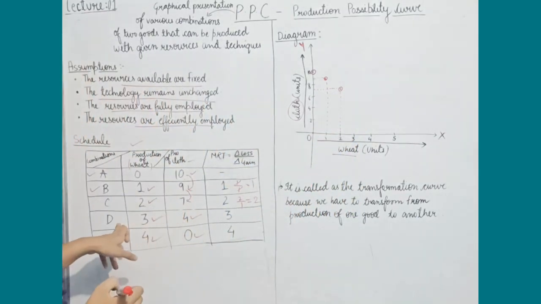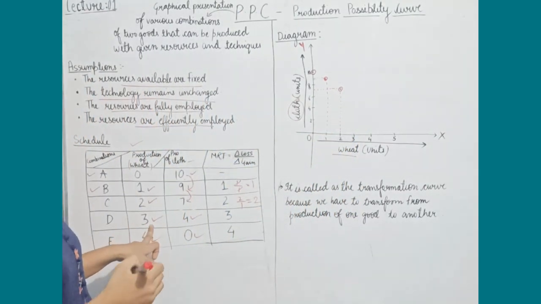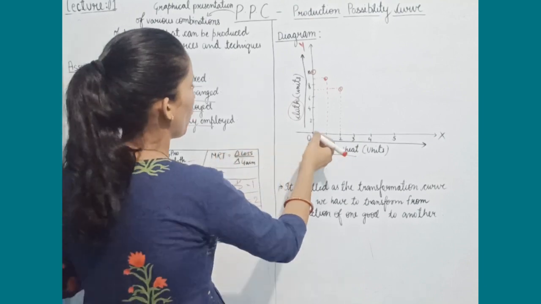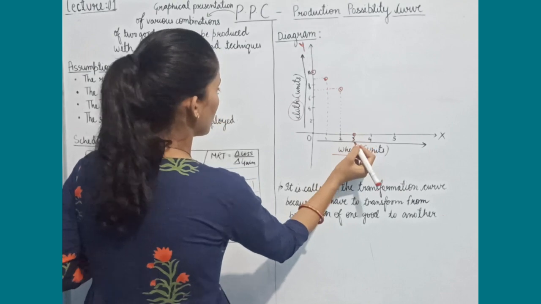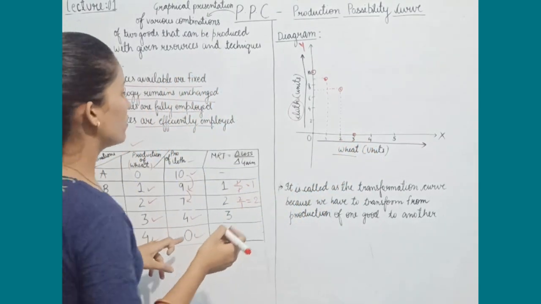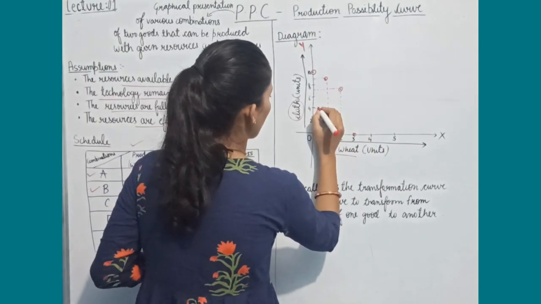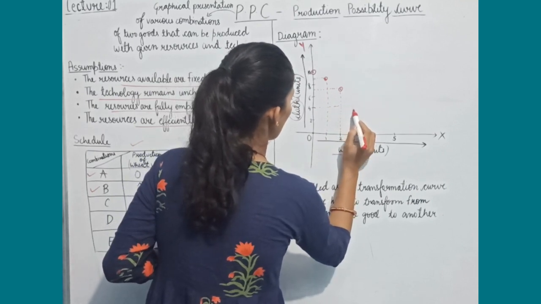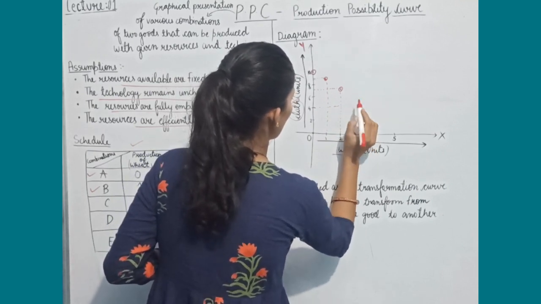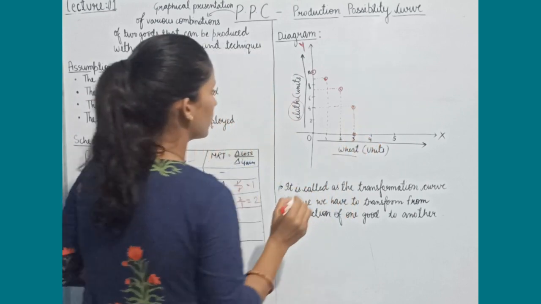Next combination is 3 of wheat. This 3 is here, and 4 of cloth, so this here directly. Okay. Understood?